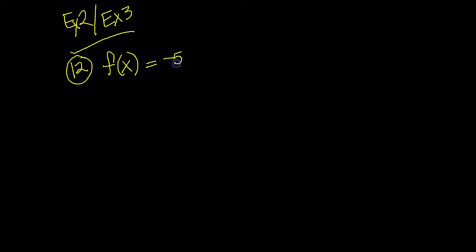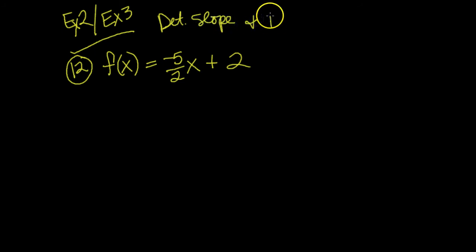So the equation of this line is negative 5/2 x plus 3. Well, it looks like I changed it to plus 2, which is fine. We're just going to keep it like that. So you can call it 12 modified.